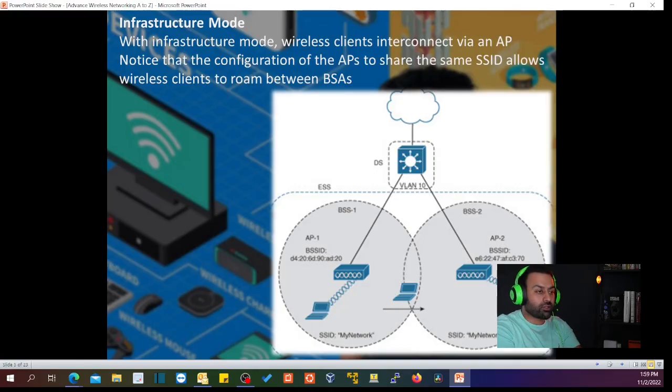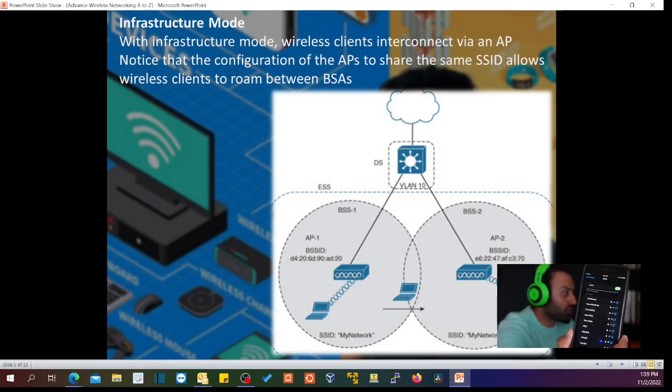If you look at the AP1 SSID, it's my network. So this is the same SSID. Let me explain what SSID is. If you go to your phone and search for Wi-Fi, these names are called SSID.